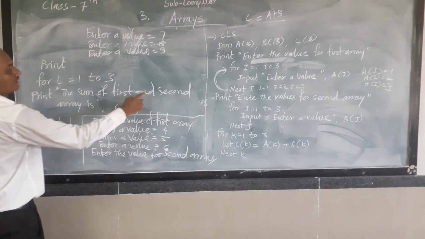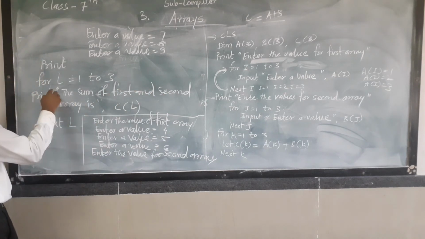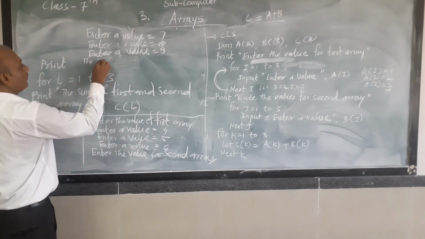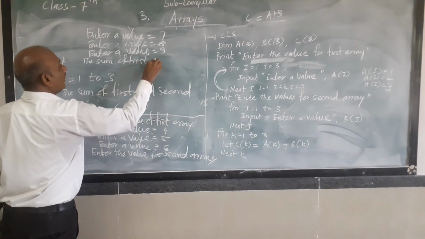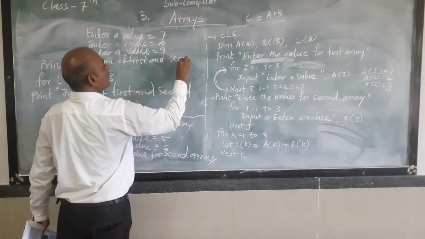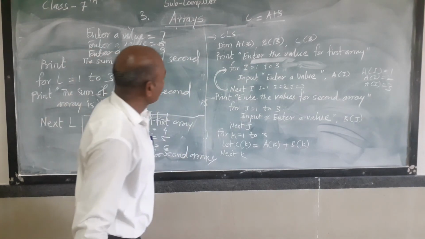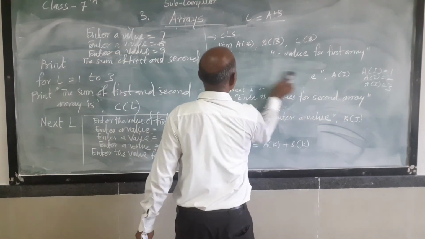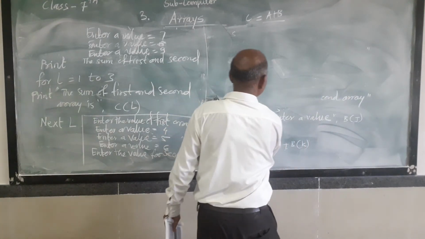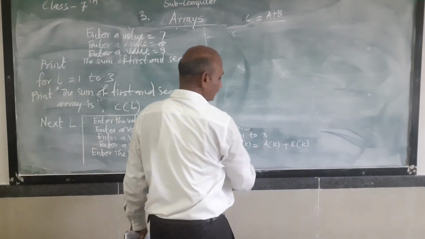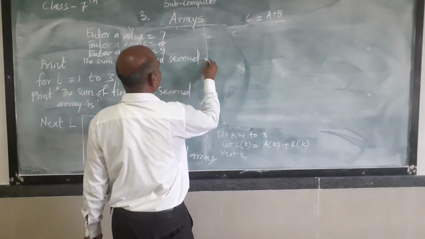Print the sum of first and second array.